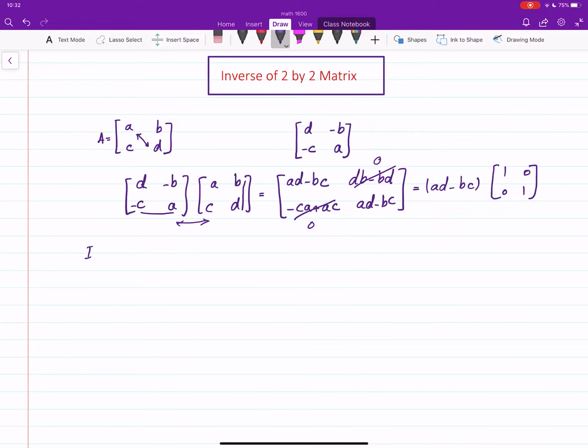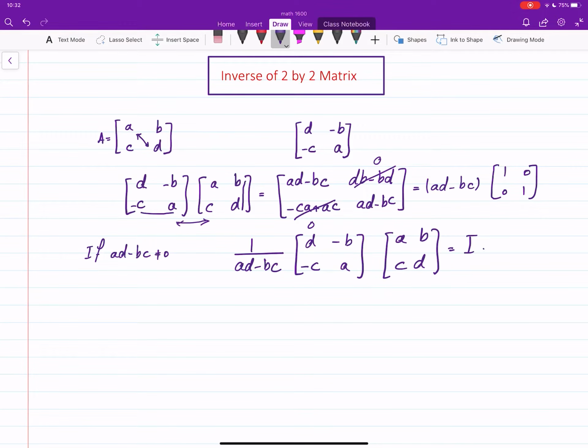So if that factor, AD minus BC, is non-zero, then we can multiply on the other side and get this: 1 over AD minus BC, times D, negative B, negative C, A, then you multiply by matrix A, B, C, D. This will give you the identity matrix.